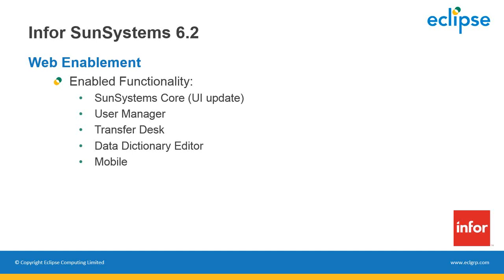Things like user manager, forms compiler, data dictionary editor, transfer desk. All of these kinds of things were still effectively only available through the rich client desktop version of SunSystems. With this release, there's been a major increase in the amount of functionality that is now web-enabled in SunSystems. So in 6.2 we have obviously a user interface update to the core web client itself.